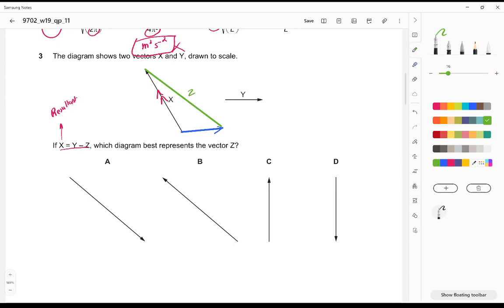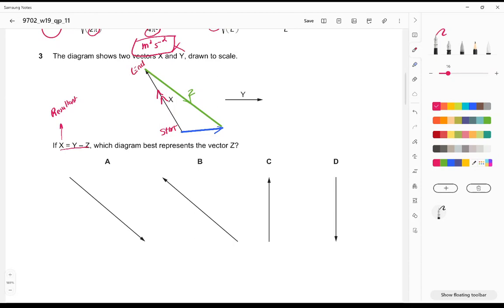The problem is that z is actually in the wrong direction, which is why there is a minus sign over here, so it is going to be facing this way. If we look at this, this is the start of the resultant vector, and this is the end of the resultant vector.